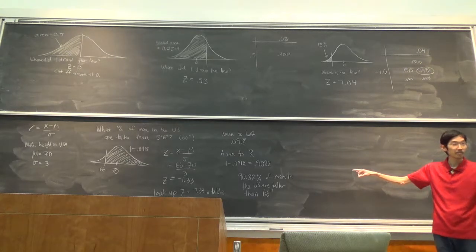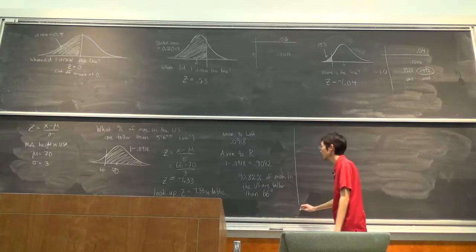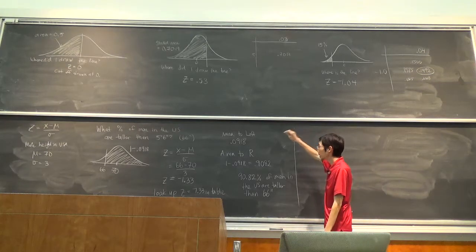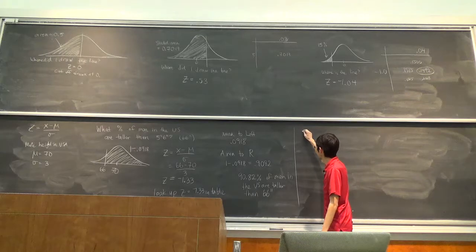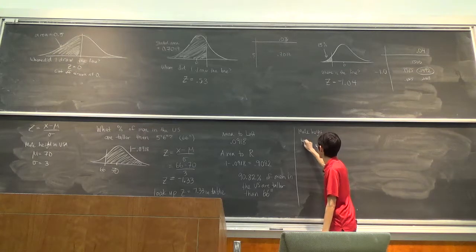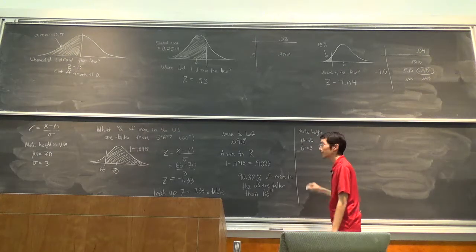Did this problem go okay? Yes. Okay, let's try another one. So again, for male heights, mu is equal to 70, sigma is equal to 3.